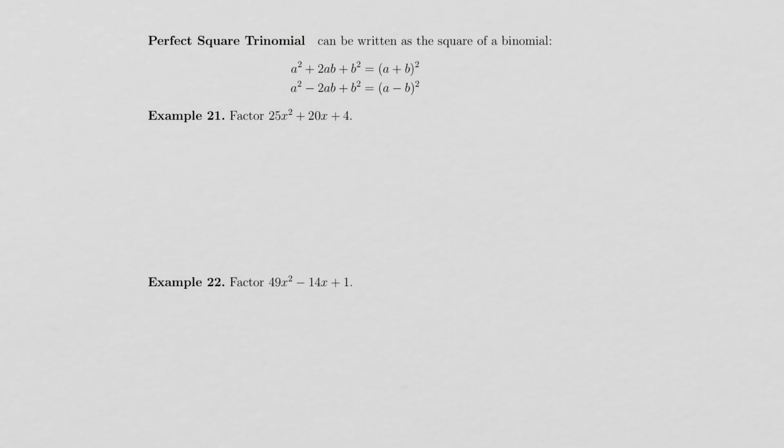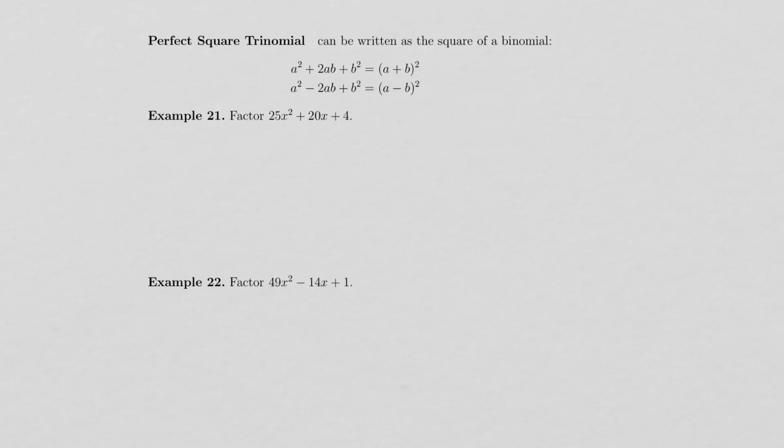Okay, and then the other special case is if you have something called a perfect square trinomial. So remember, trinomial is like 3 terms, and it turns out that if you have this form, a squared plus 2ab plus b squared, this factors into a plus b squared, a plus b times a plus b. And if you have a negative here, if you have a squared minus 2ab plus b squared, it factors into a minus b squared.